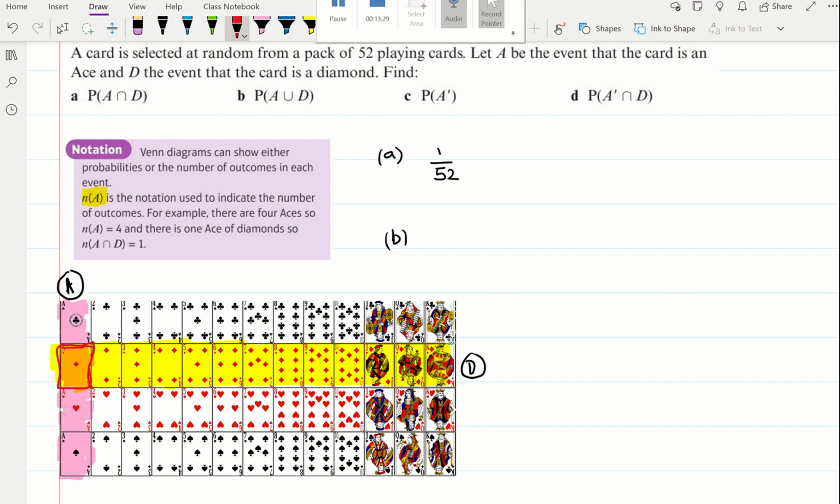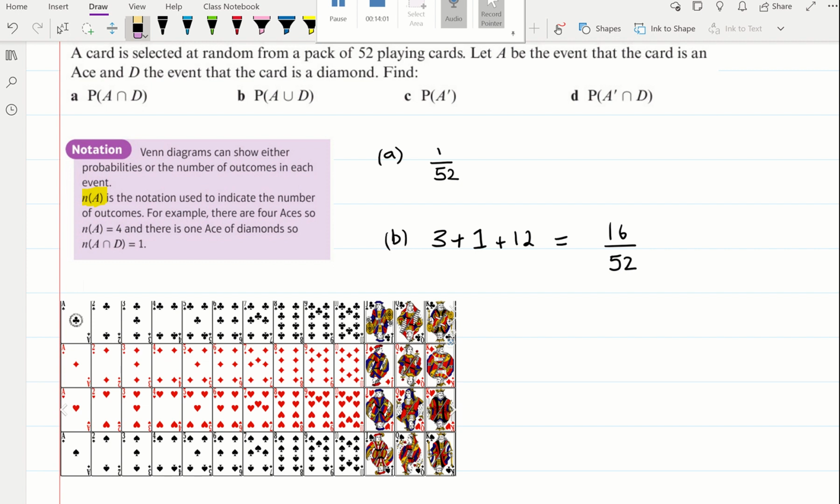And if we count, we've got the 3 cards, this one, this one, this one. We've got the repeat card, that one, and then we've got the other 12. So altogether we have got 16 out of 52 cards for A or D. Everything in event A and everything in event D.